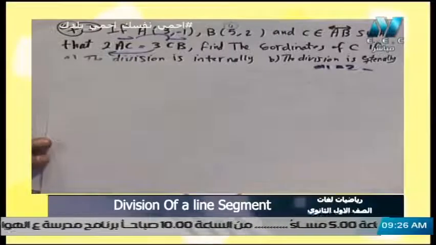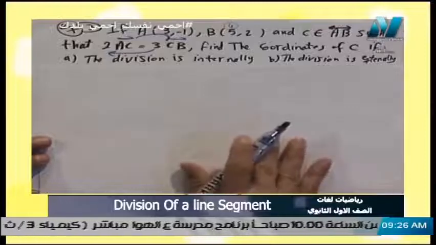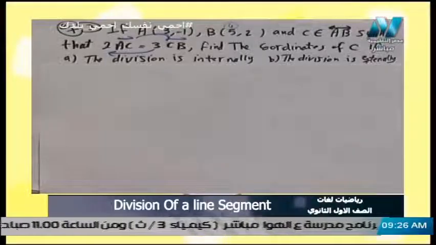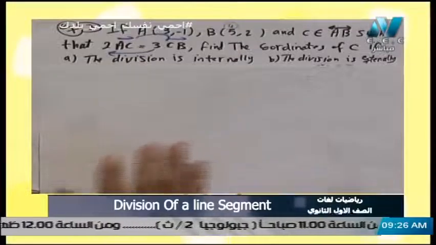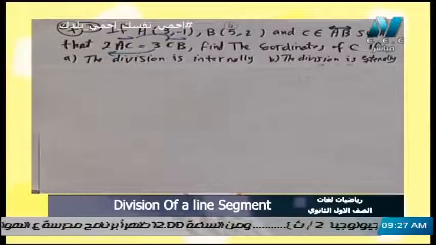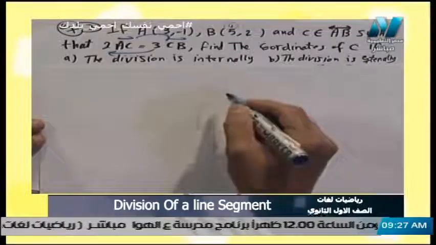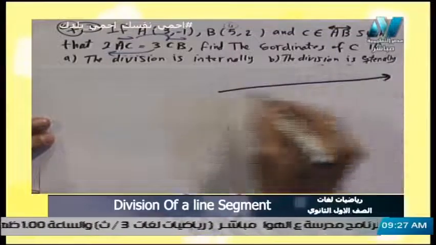And we will complete the question now, because we have answered only part A about division internally. We have here the straight line like that.